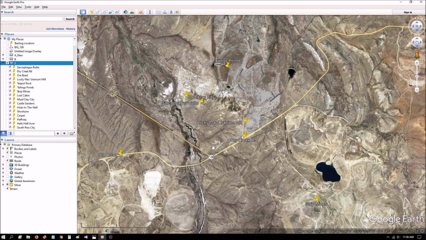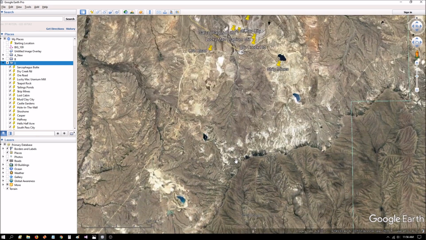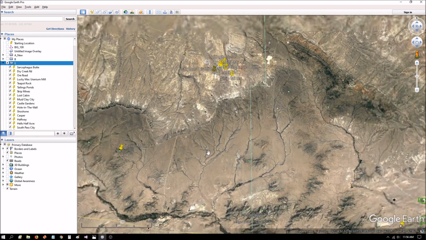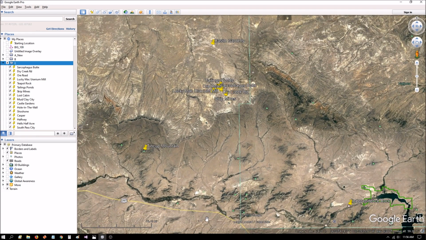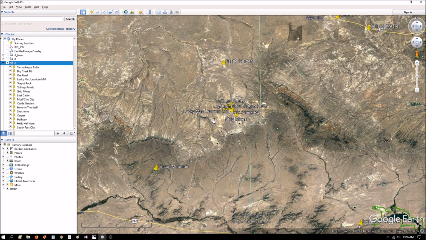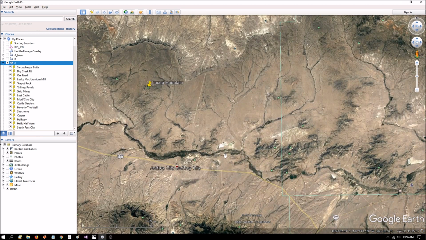And eventually, they also trucked stuff up from the ghost town, Jeffrey City, down here. There's a road leading up, and they would mine from down here, and they would bring all the stuff up the road to the mill. So in Forrest's time, these roads existed, and actually Jeffrey City, up until probably the 80s, was a pretty popular place.